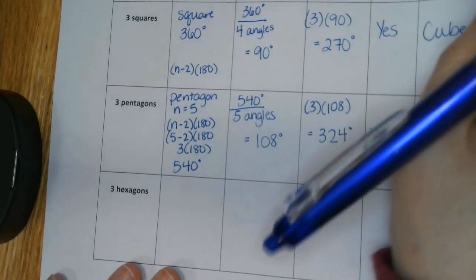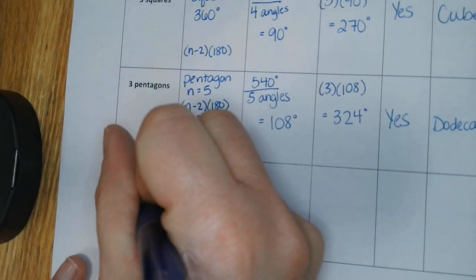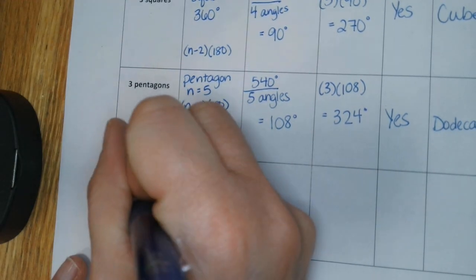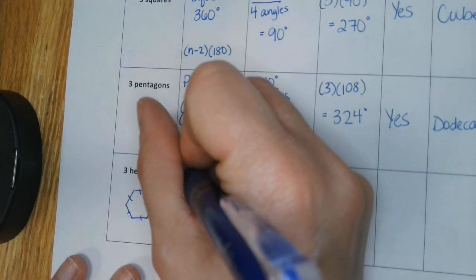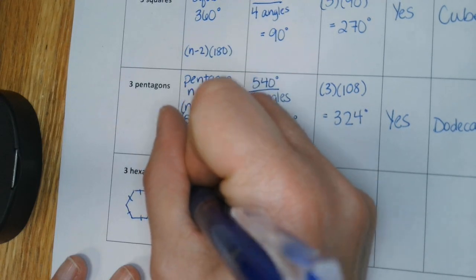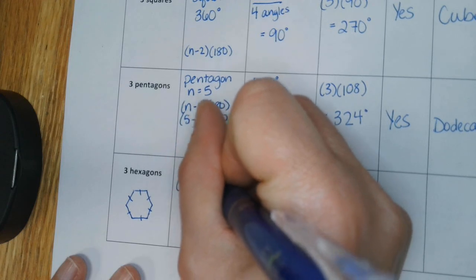Okay, what if we wanted to have hexagons instead, right? So a hexagon is going to have 6 sides. It's a regular hexagon, so they're all the same. So n is going to be 6. 6 minus 2, n minus 2 times 180.